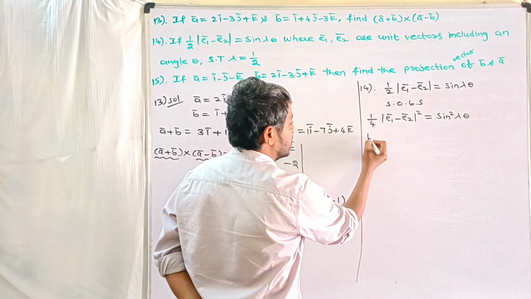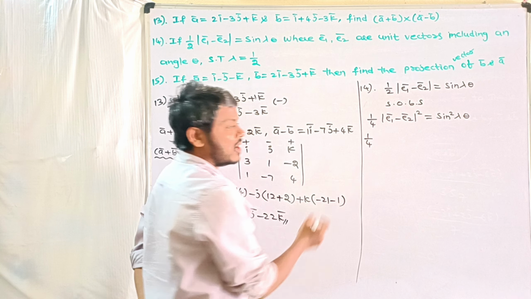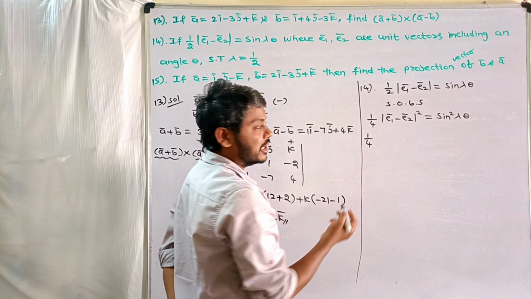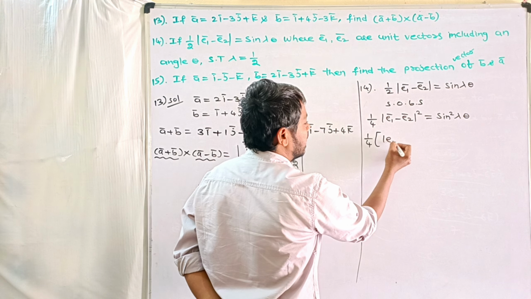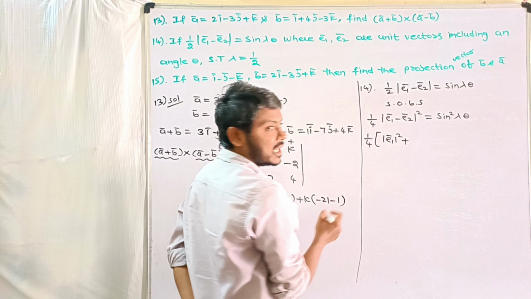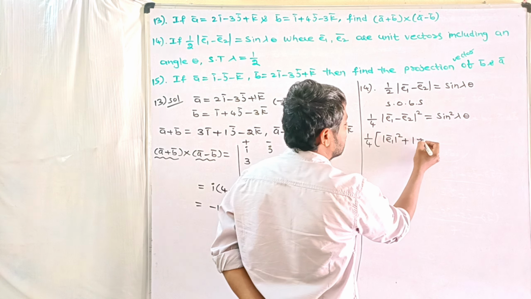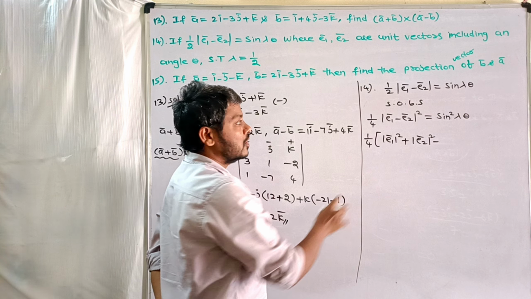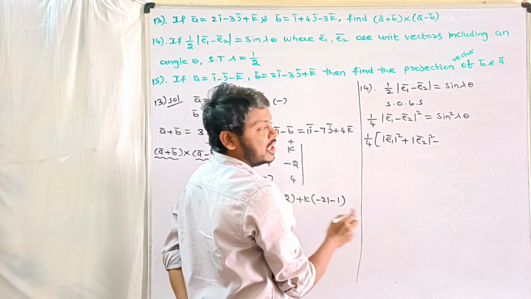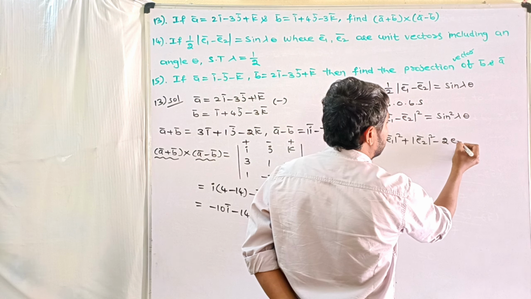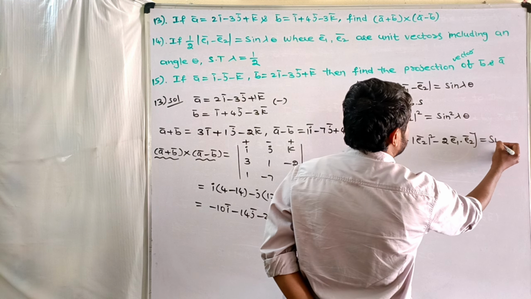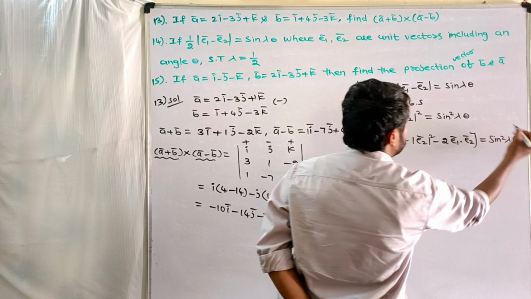Now again, which is 1 by 4, which is in the form of a minus b whole square. a square, E1 square can also be written as mod E1 bar square, plus E2 square also written as mod E2 bar square, minus 2ab, 2 into E1 into E2, that is 2 E1 bar dot E2 bar, which is equal to what? Sine square lambda theta.